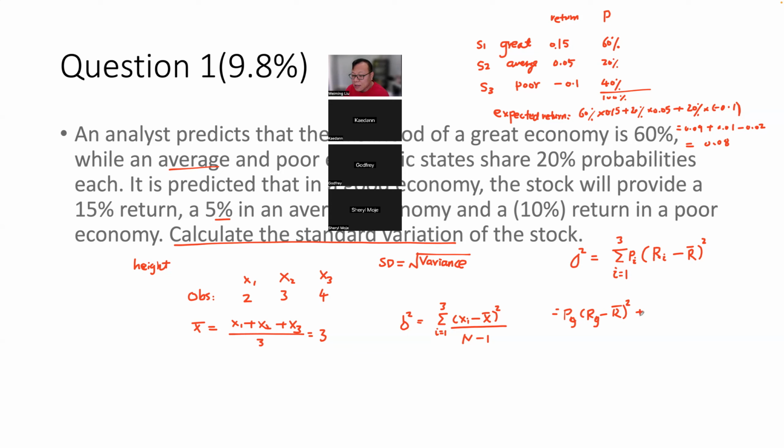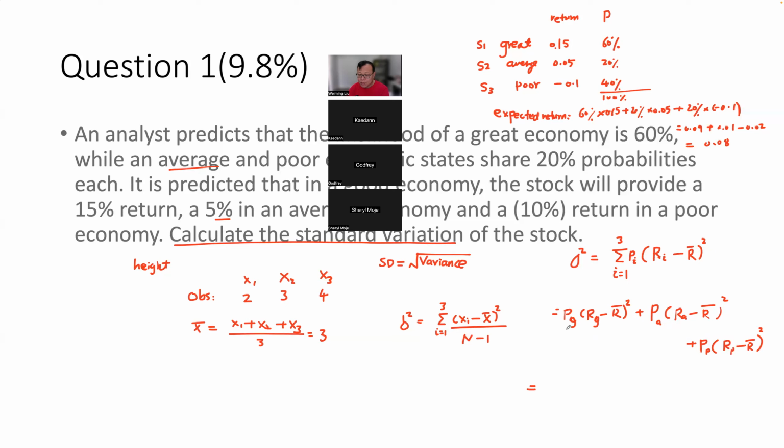And then I add average, PA times RA minus R bar square, plus poor, let's use RP, GP, okay, poor, RP minus R bar square, okay? So that would be how you write this out using this formula.